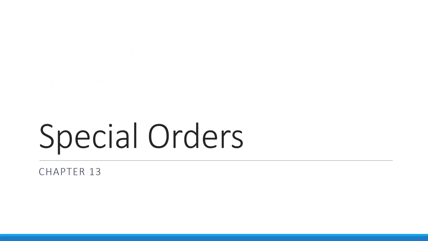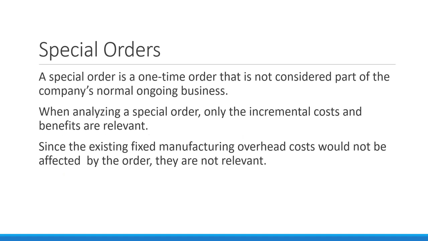Another special decision that we make is special orders, whether or not to take on a special order. A special order is a one-time thing that's not considered part of our normal business. When we're looking at a special order, only the incremental costs and benefits are relevant.